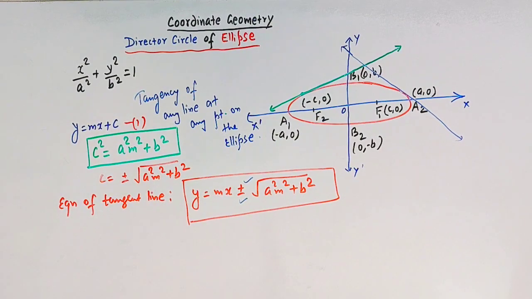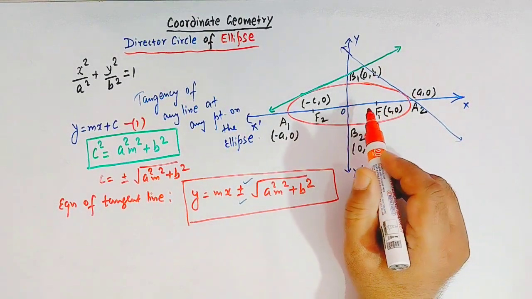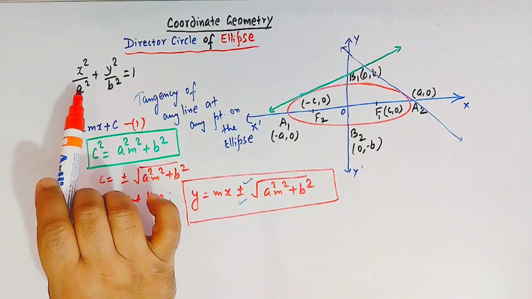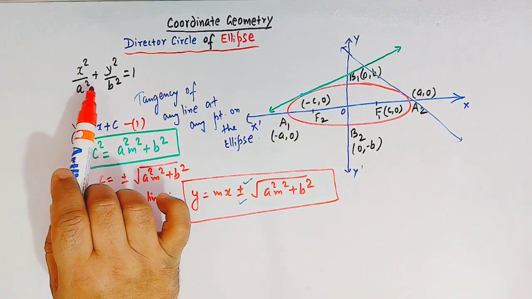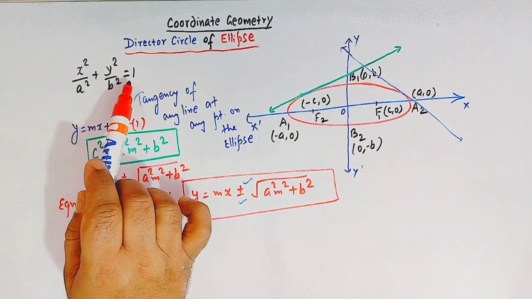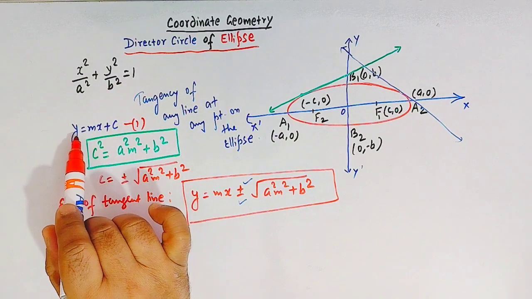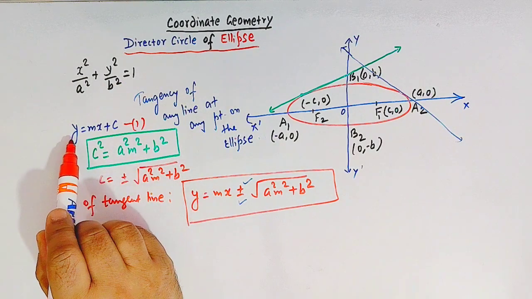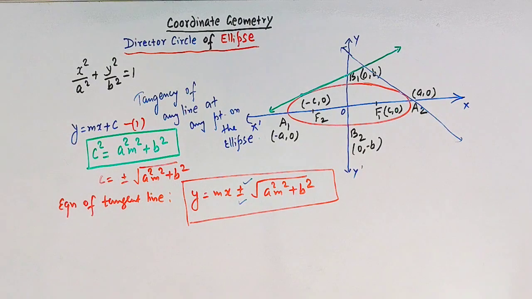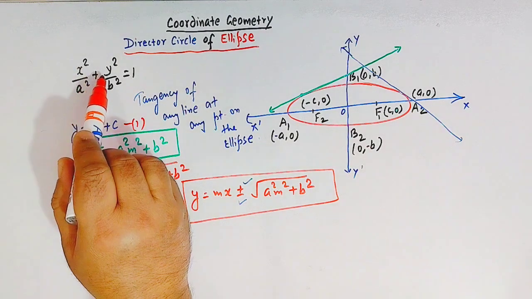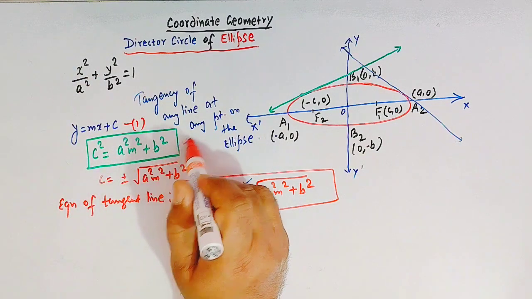Viewers, now here comes the concept of the director circle of an ellipse. Initially we have an ellipse whose equation is given by x square over a square plus y square over b square is equal to 1, and a line whose equation is y is equal to mx plus c. This line is tangent to the ellipse when we have this condition.